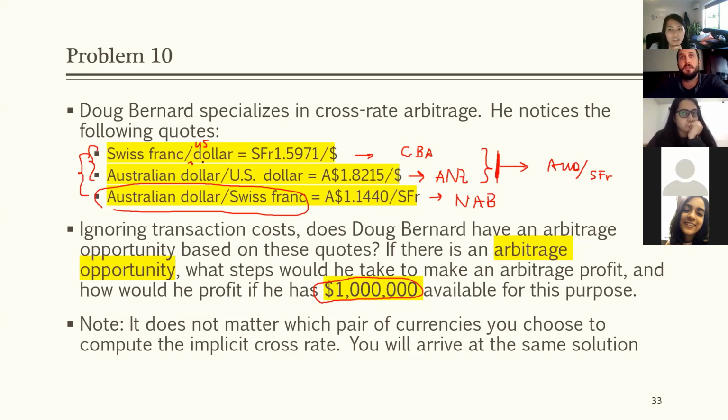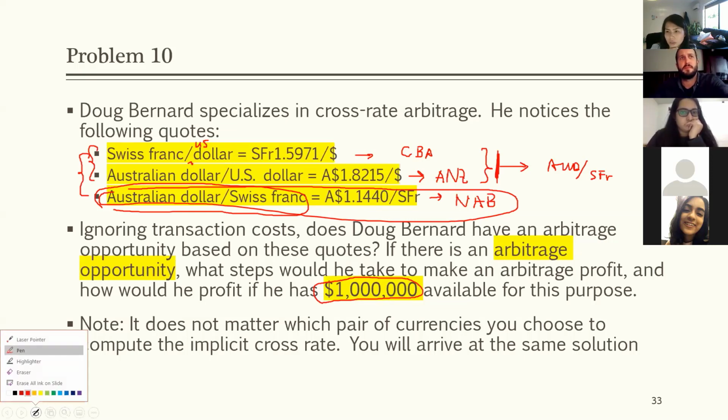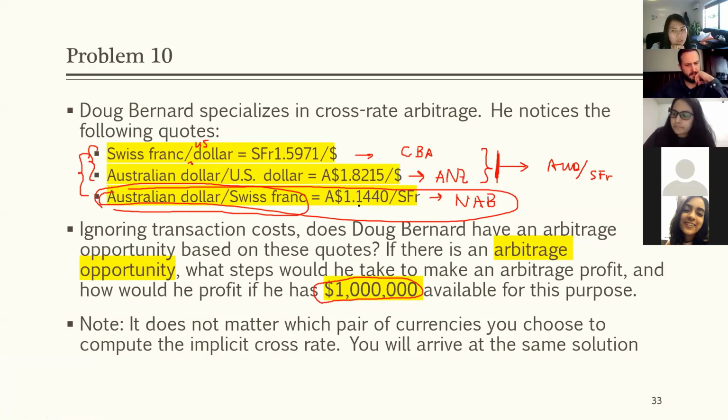That's 1.1405, the rate given by another bank, times 1 over 1.5971. Okay, so you're trying to do a cross-rate calculation.